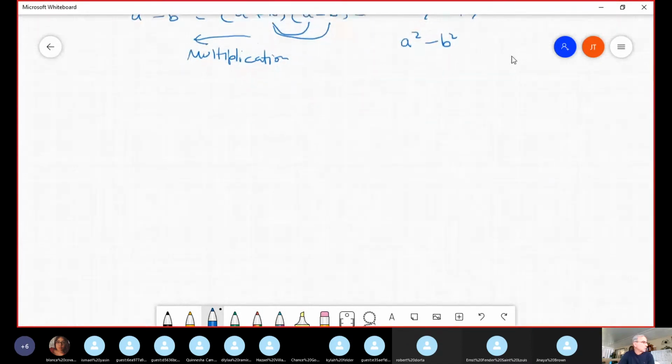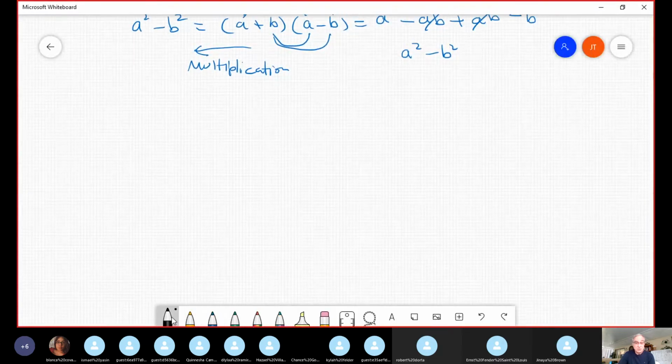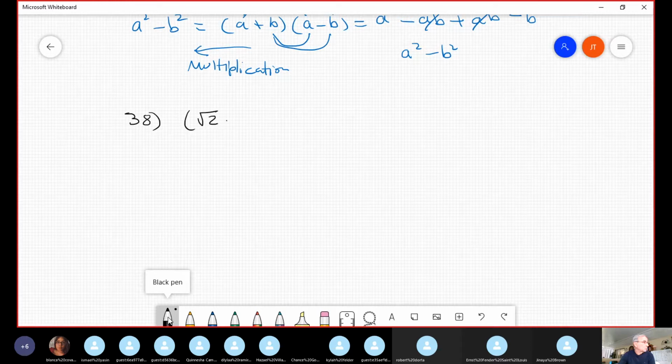Multiplication of binomials that involve radicals. Suppose example 38. 38 is the multiplication of radical 2 minus 6 times radical 7 minus 4. Okay, they are not family.